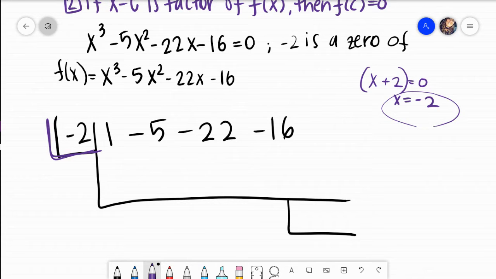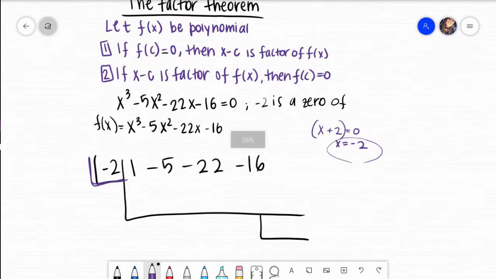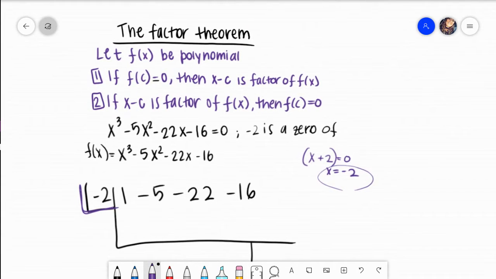So I'm going to guess that what that means is for my remainder, I get 0. But instead of it being written as x plus 2, it's telling me negative 2. So it's already been set equal to 0. That's why it's called a 0. Okay, so it's saying that if f of c equals 0, then x minus c is a factor of f of x.